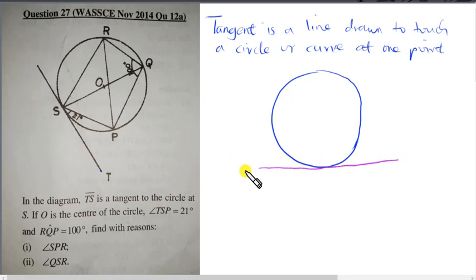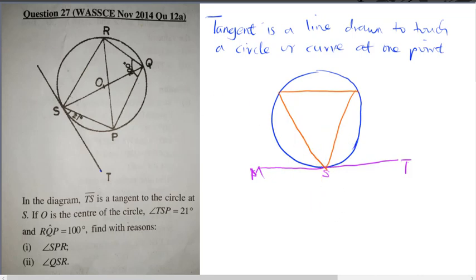Let me call this line MT, and it touches the circle at the point S. Within the circle, let me put in some chords that form an inverted triangle, a triangle that is turned upside down.